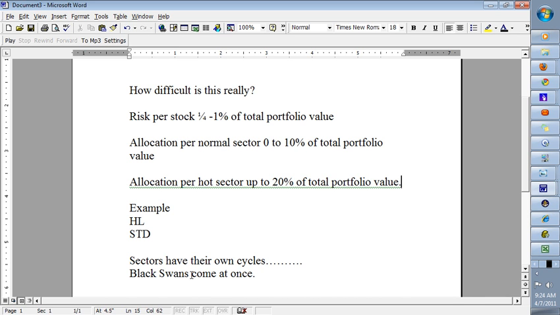And so with our technology, you're able to take advantage of these different cycles in the different sectors. But very often what happens is black swans come at once to all sectors. And so how do you deal with that?